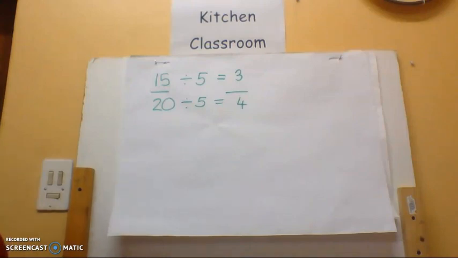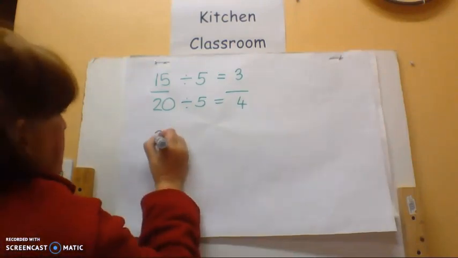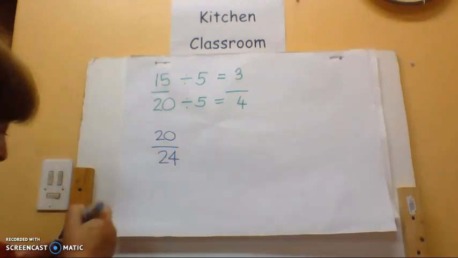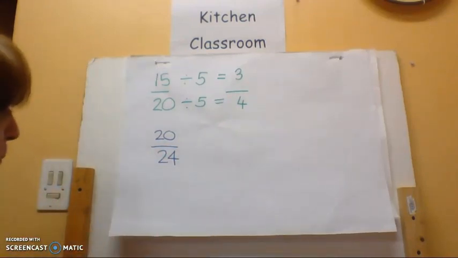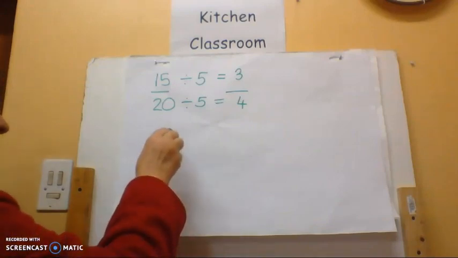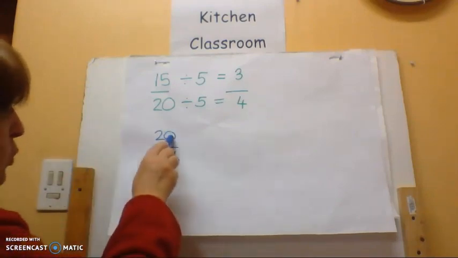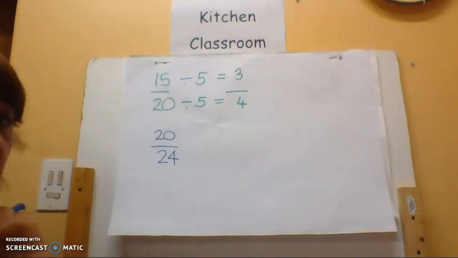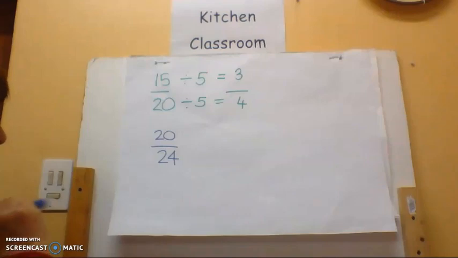And this one is 20/24. Now, this is also not in its simplest form. And then I think to myself, well, there's 20 and 24. They're both even numbers, so they are divisible by 2. But is there not something else? Is there not a number bigger than 2 that can divide into them?